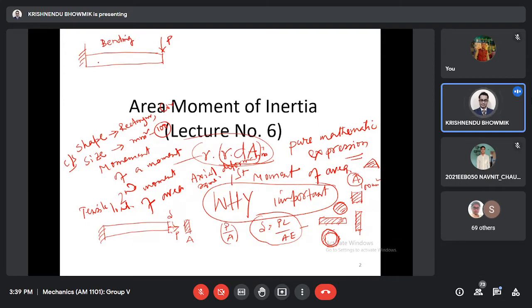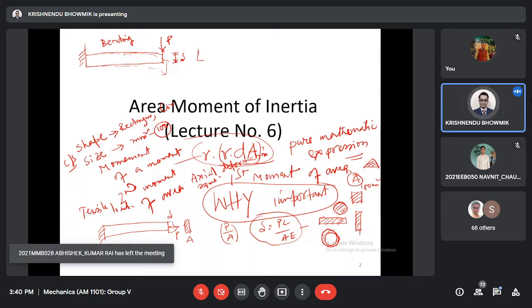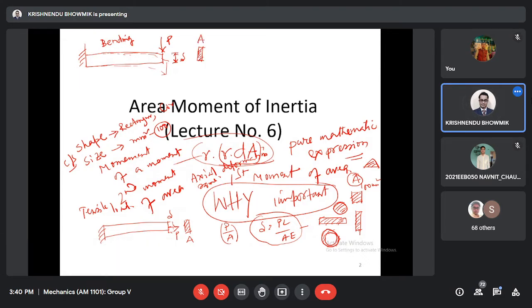It will bend like this, and this deflection is on this side, delta. Now you assume this is the cross section, A.